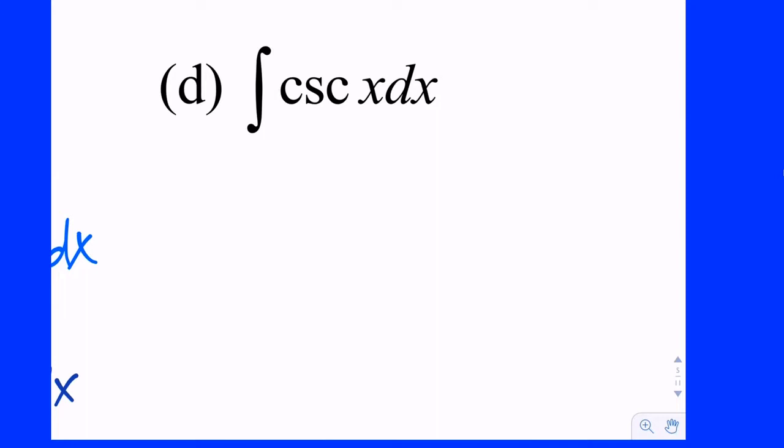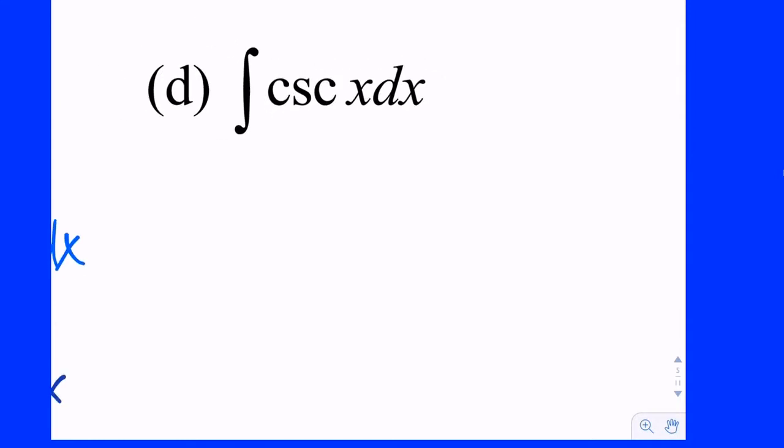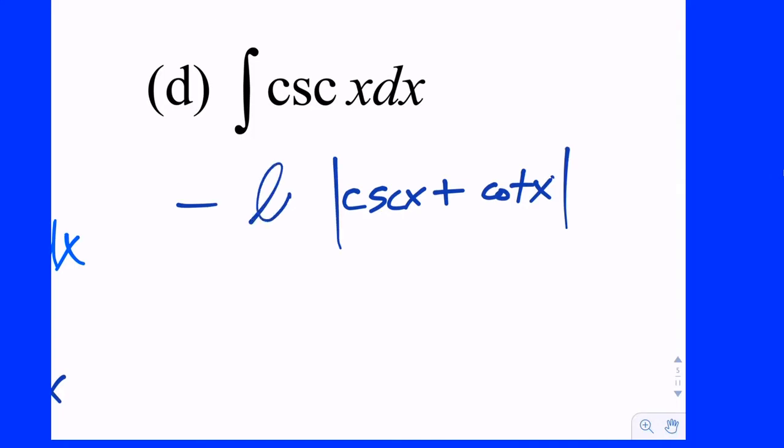Well, it turns out that the antiderivative is exactly the same as the derivative, negative cosecant cotangent. The only thing is it's negative, leave a space, cosecant cotangent, and you're adding them together inside an absolute value inside of a natural log with a plus c. Exact same thing. And you could prove that if you multiply by cosecant plus cotangent over cosecant plus cotangent, it works out very similarly.